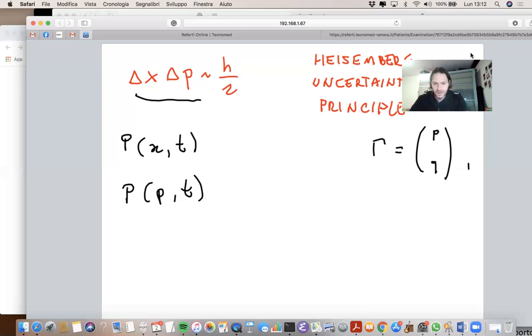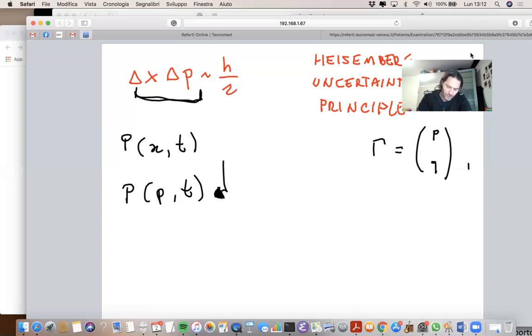So in this respect, all we want is to postulate a way to compute this that is consistent with the idea that this product is always constant, that I can never get this product to be much smaller than h over 4 pi.